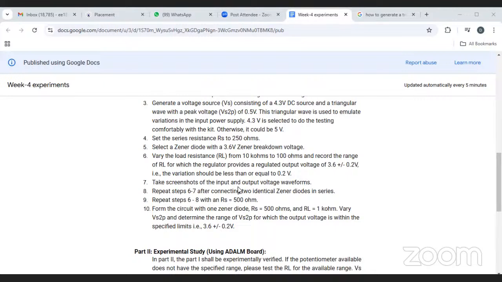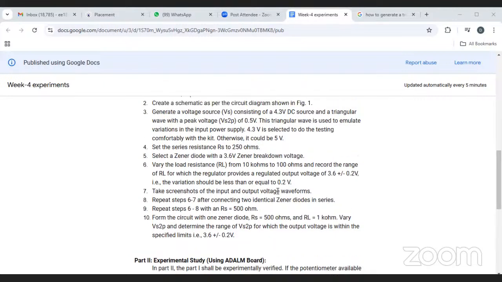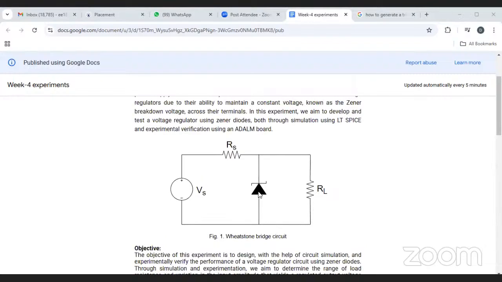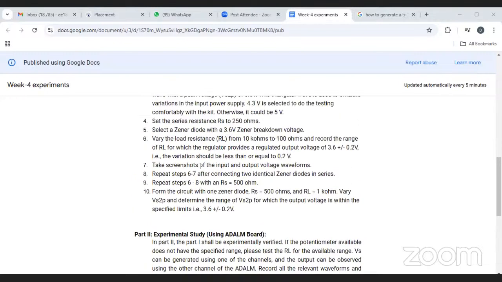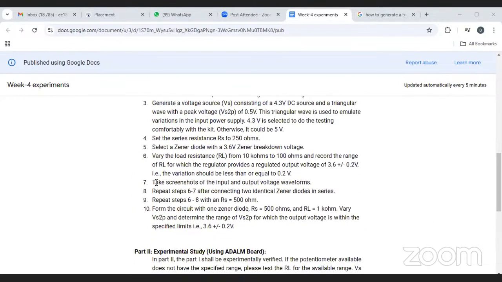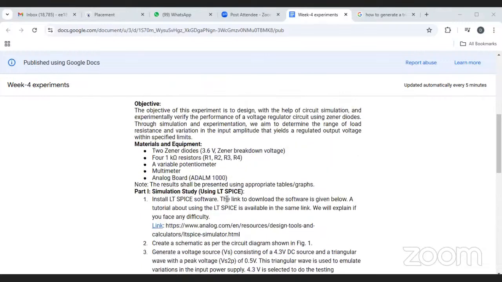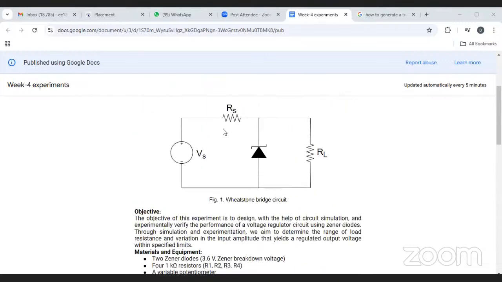After connecting two Zener diodes here, before it was 1, now it will be 2, you have to repeat steps 6 and 7 again. Then you will replace RS with 500 ohms. Before it was 250 ohms.